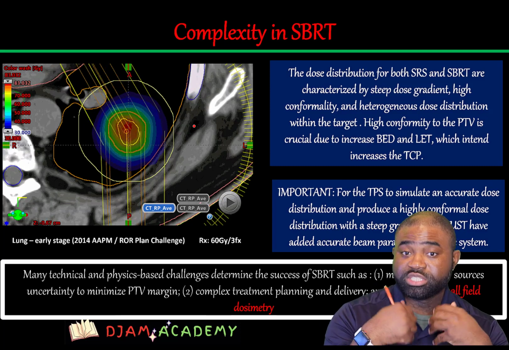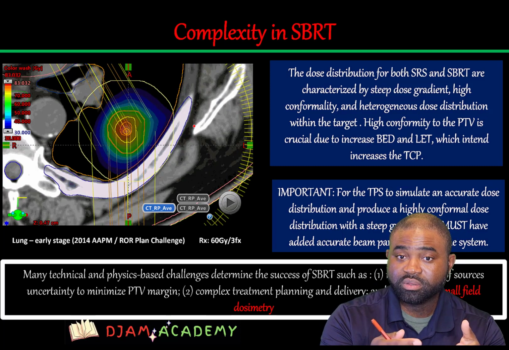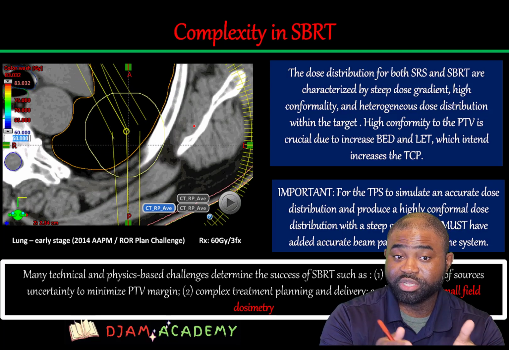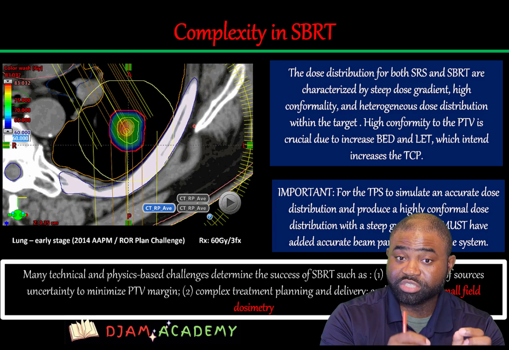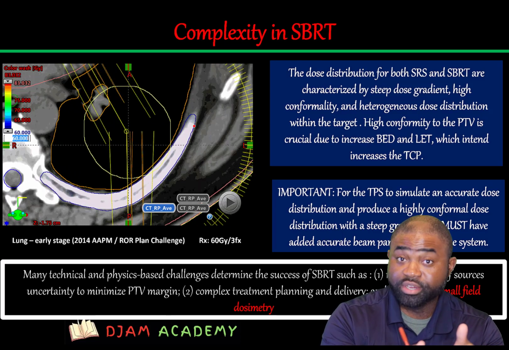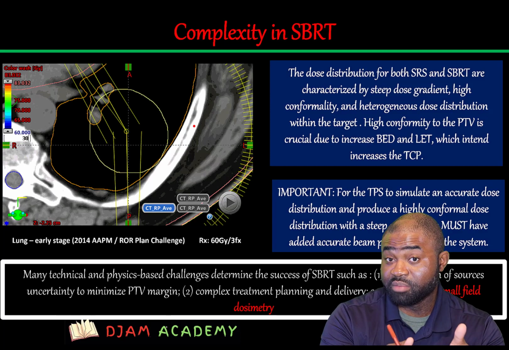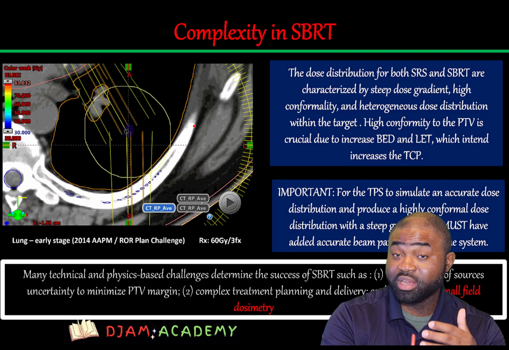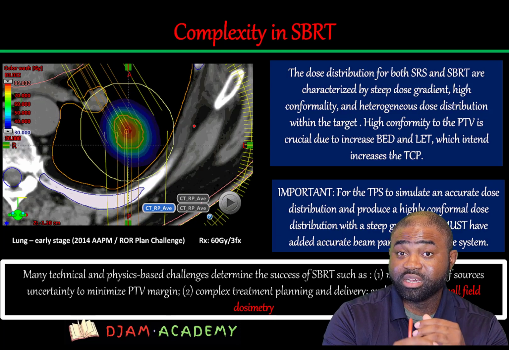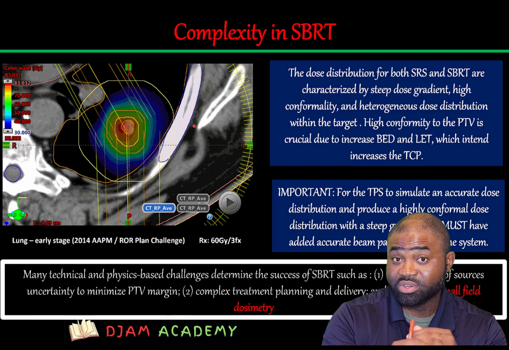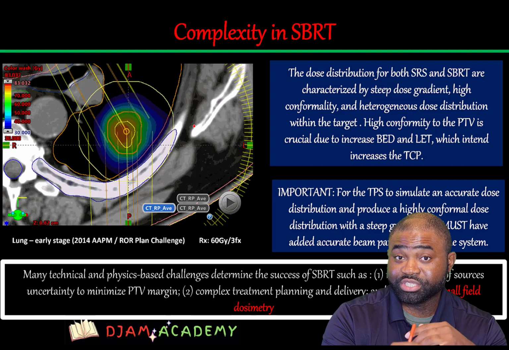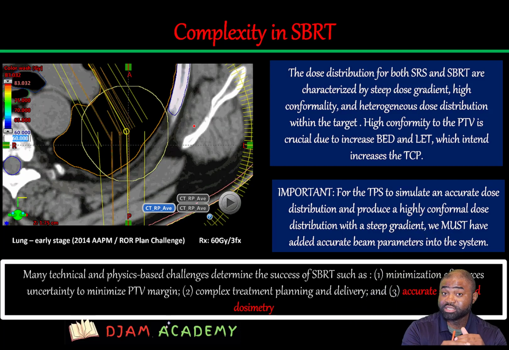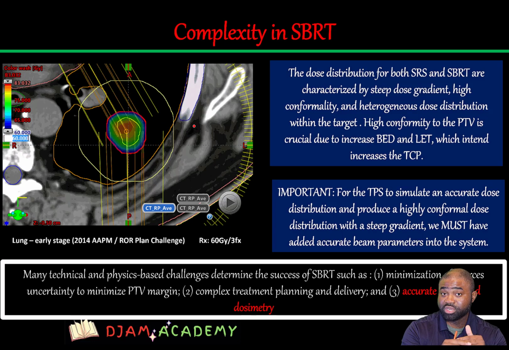In order for us to simulate an accurate dose distribution and produce a highly conformal dose distribution within our treatment planning system requires accurate beam parameters. And in order for us to get accurate beam parameters implies the accurate measurements of small field parameters such as depth dose curves or PDDs, beam profiles, output factors, and so on and so forth.